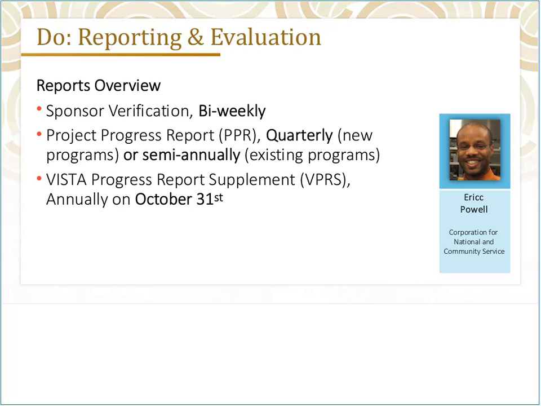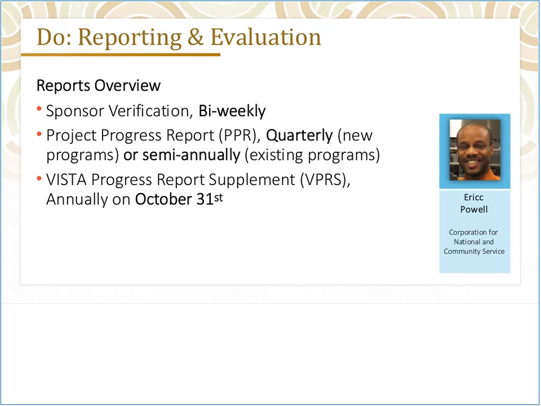As sub-site supervisors, you may not specifically see the emails, but your sponsor may come to you for information if they're the ones getting the email. The Project Progress Report, also known as PPR, is filled out by you and the project director and submitted to the CNCS State Office quarterly for new projects and semi-annually for current projects.